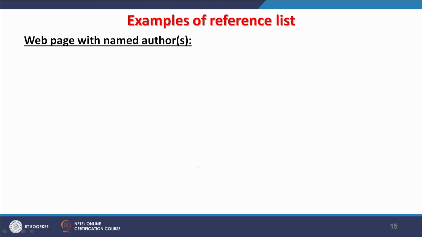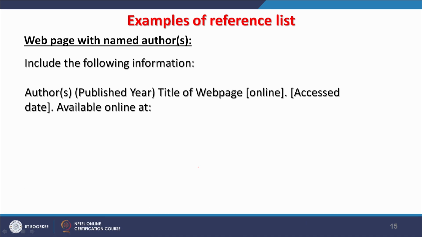Nowadays, many times we are using web pages and their references. Some are very authentic web pages from very well reputed organizations. So, how do we write references for them? We have to provide, again, if there are authors or organizations, the publication, the title of the page, and of course, we have to mention that it is online. Another very important thing: one should always try to mention in the list of references, if it is web based, internet based information, when you accessed that page.